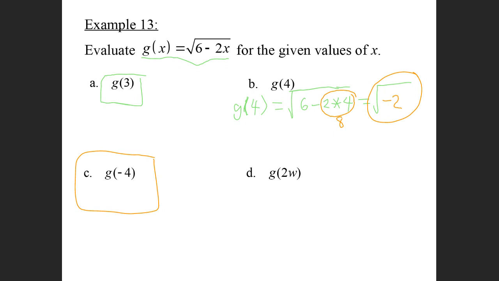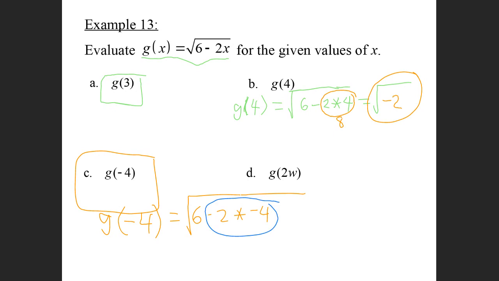Excellent. Yes, it exists. g of minus 4 is radical of 6 minus 2 times minus 4. We start with the product. Minus 2 times minus 4 is a plus 8. 6 plus 8 is radical 14. And this is real. So yes, it exists.